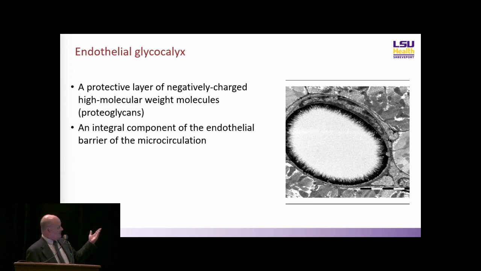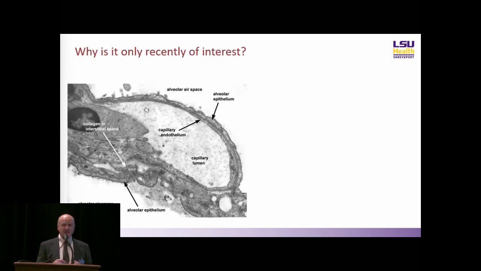It is a protective layer that I'm going to discuss in more detail that sits on the surface of the endothelium of the capillaries that forms the barrier between the blood and the interstitial space. We used to think it was the endothelium itself. Here's an example of an early electron micrograph that shows the endothelium of the capillary, and of course it's not showing any glycocalyx.